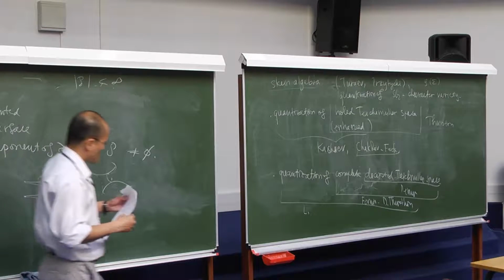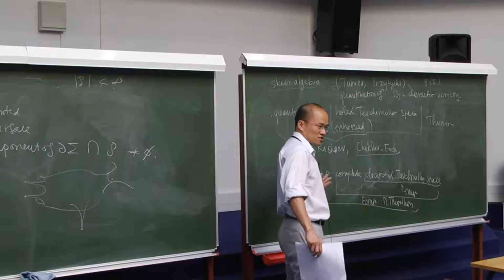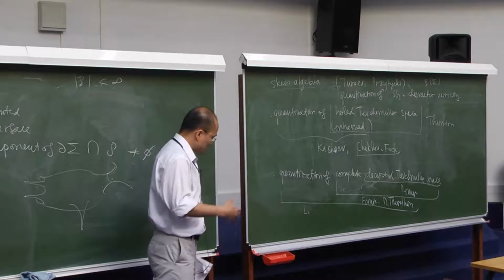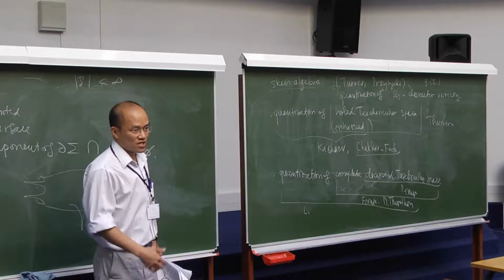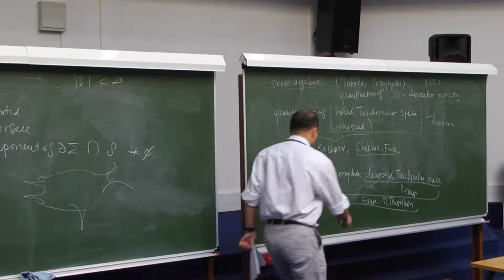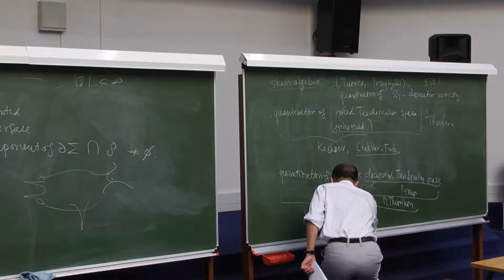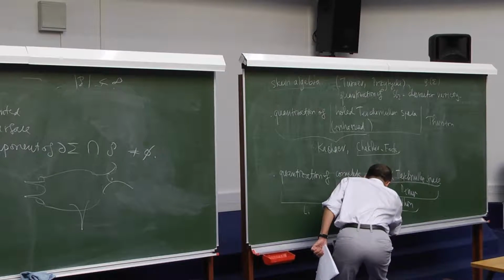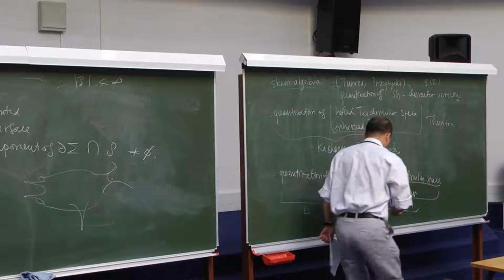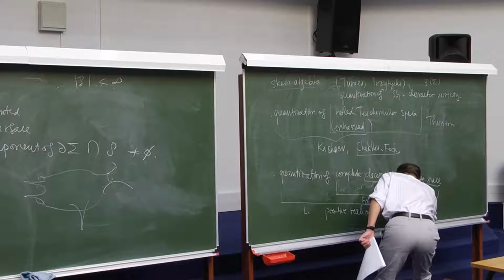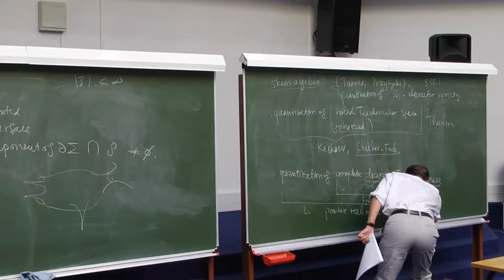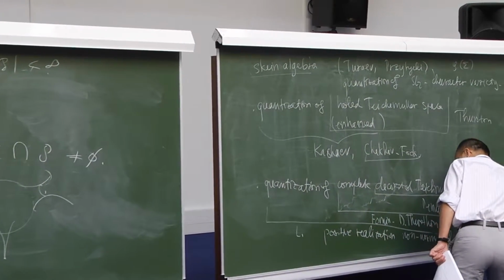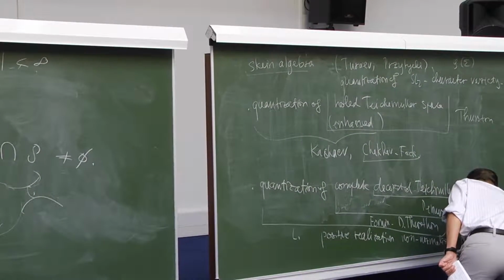Eventually I found out that what I did is a kind of quantization of this complete decorated Teichmüller space, which gives a positive realization of the so-called non-normalized quantum cluster algebra.